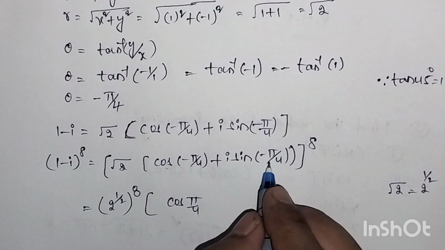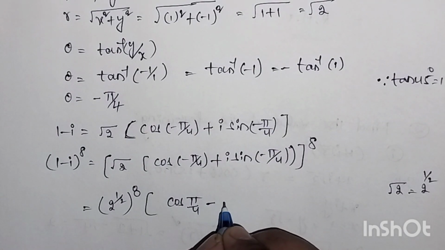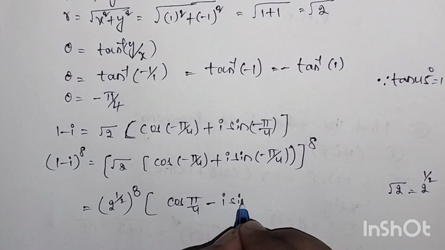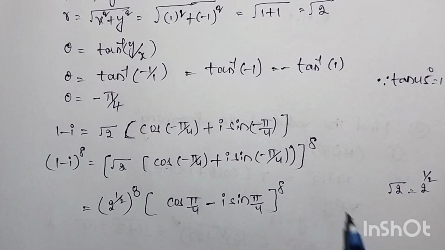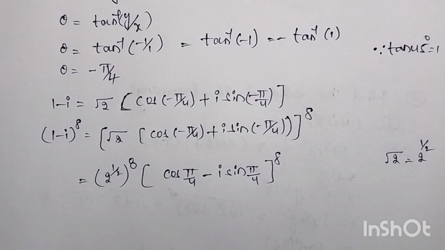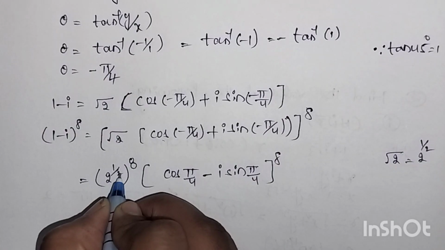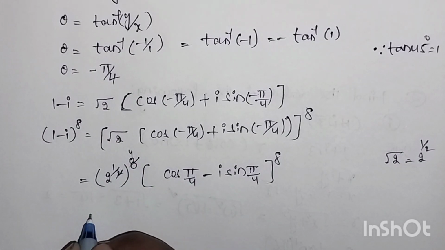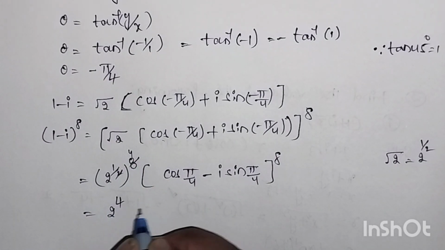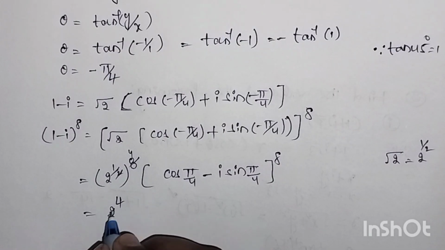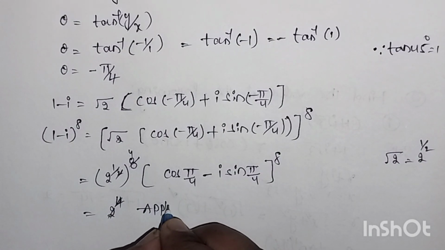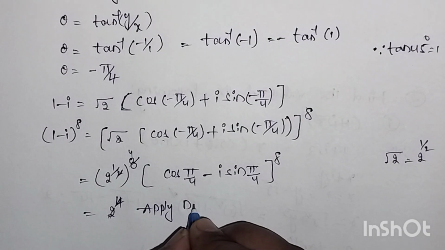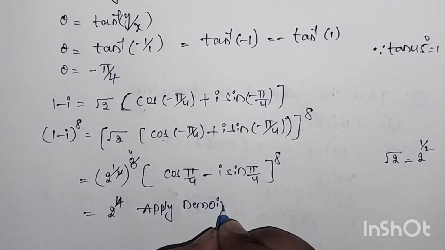And sin of minus theta is minus sin theta, that is minus i into sin pi by 4, whole to the power 8. Now we can apply de Moivre's theorem. Here 2 1s are 2, 4s are, so that equals 2 power 4. Here apply de Moivre's theorem.